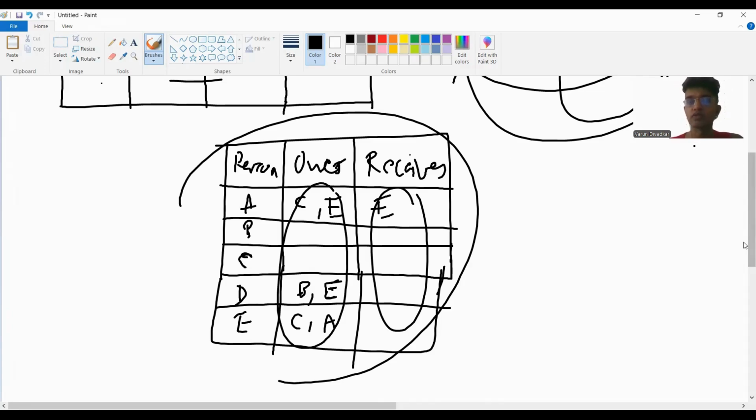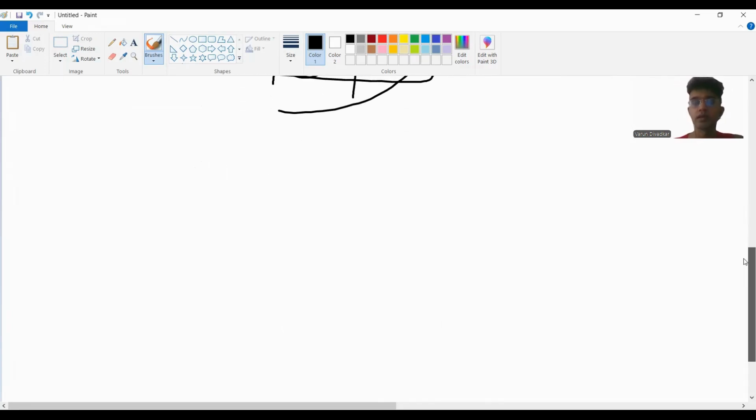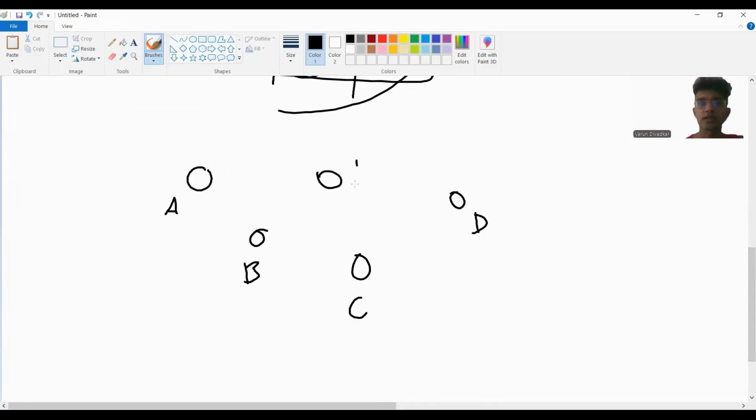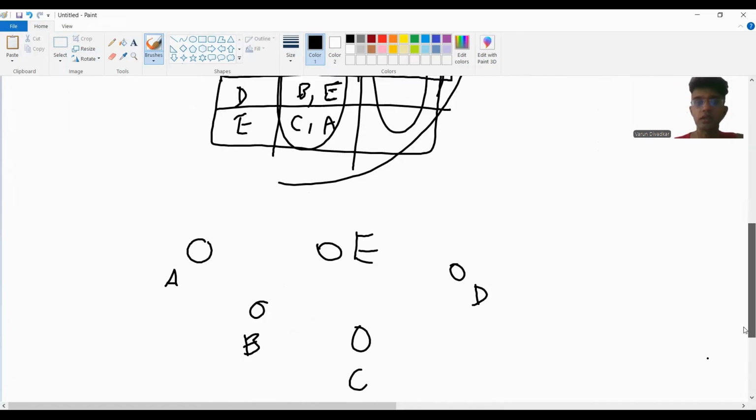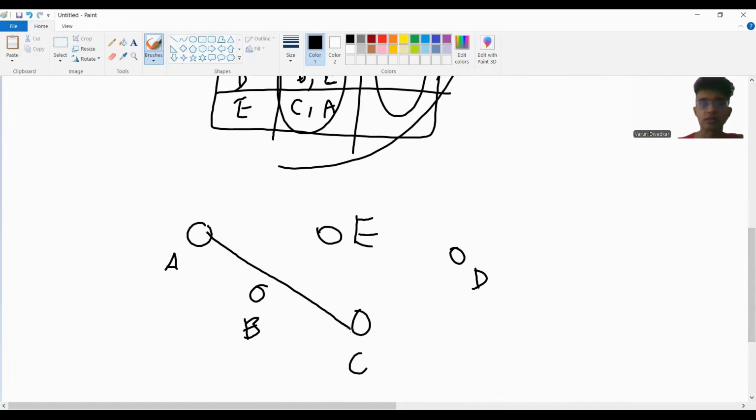But how about just drawing something like this, where you have A, you have B, you have C, D, and say E, and then you just say that A owes money to C and E, like this and this, right?